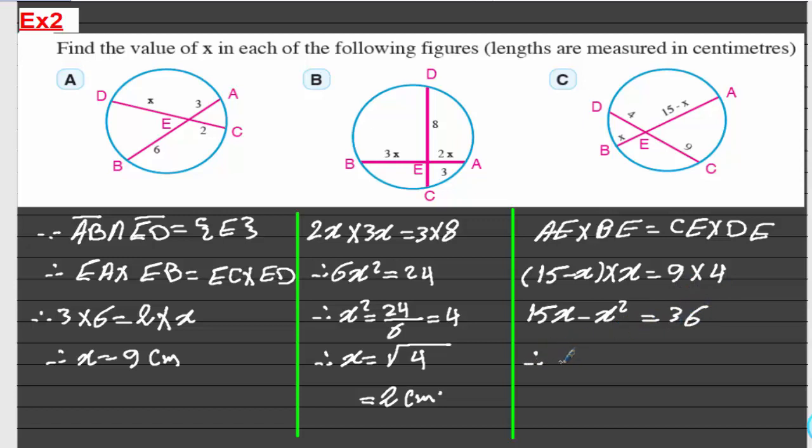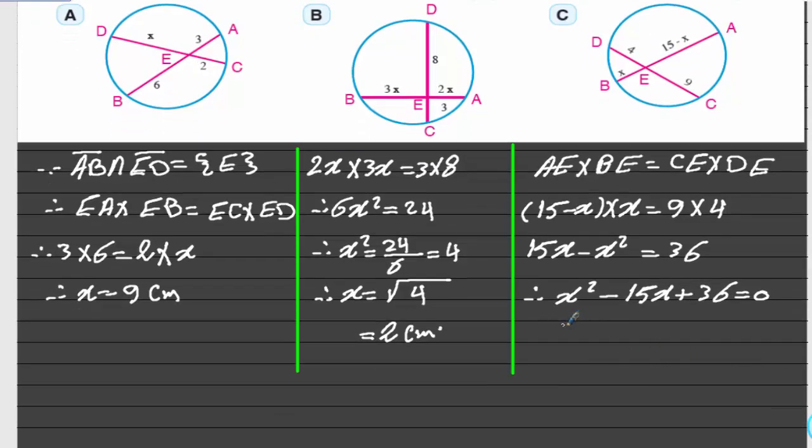And here we have x squared minus 15x plus 36 equals 0. We want to find the value of x. So we must factorize this polynomial. x squared is x multiply x, and 36 equals negative 3 multiply negative 12.